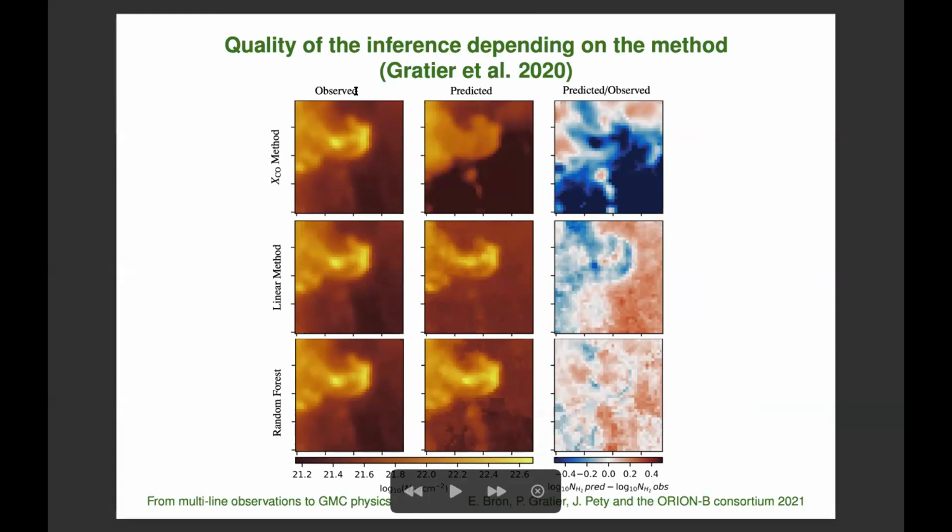And in the different columns, the observed is the Herschel map, predicted is our regression prediction, and here is the ratio, logarithm, of the two maps. So you see immediately that XCO has large errors. And as you go into a more flexible method, until the random forest method, you get more and more precise results.